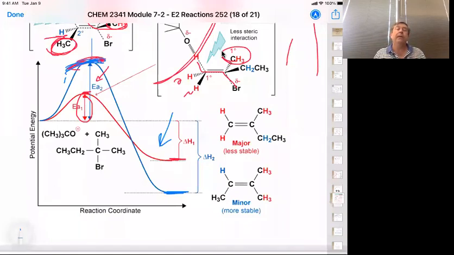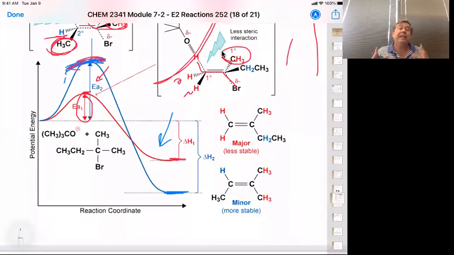When we're thinking about making alkenes, we have to think about what product we want. Do we want the more substituted? Do we want the less substituted? That gives us base choice. If we want to go through an E1 mechanism, we need to think about weak bases in protic solvents because we need to support that carbocation.